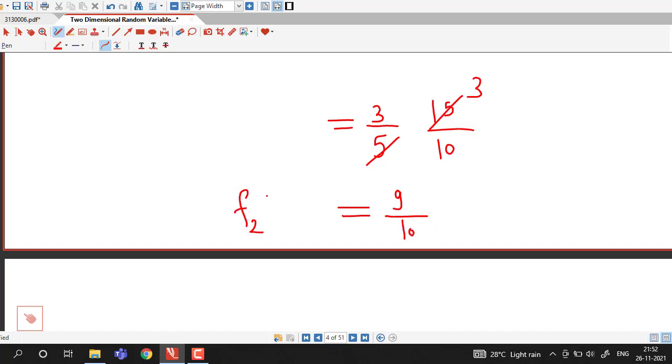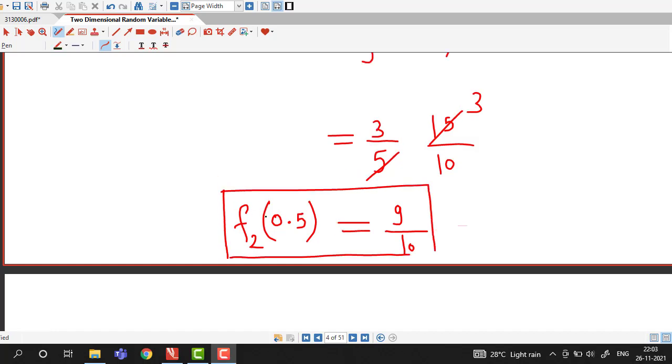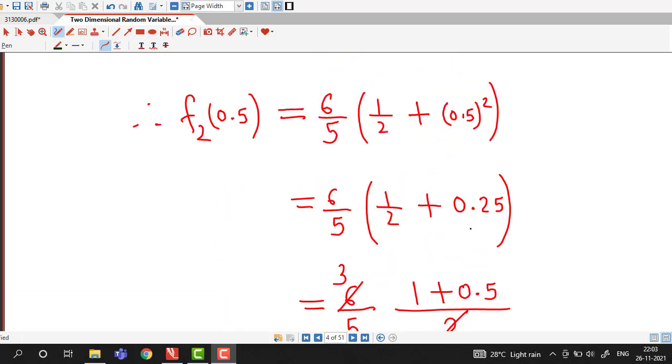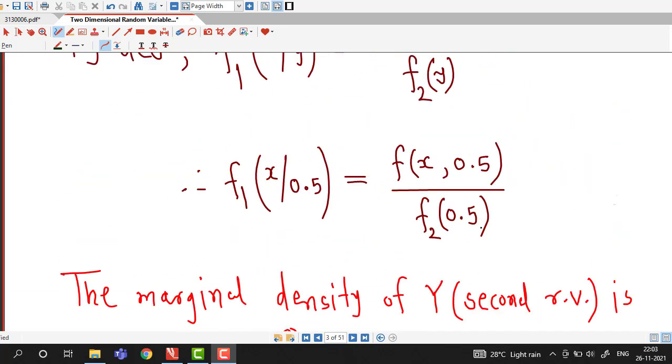So this is the value of marginal density of random variable y at 0.5 that we require. Okay, fine. So we have obtained marginal density function of second random variable y at 0.5, which is 9 by 10. Now we come back for this equation.